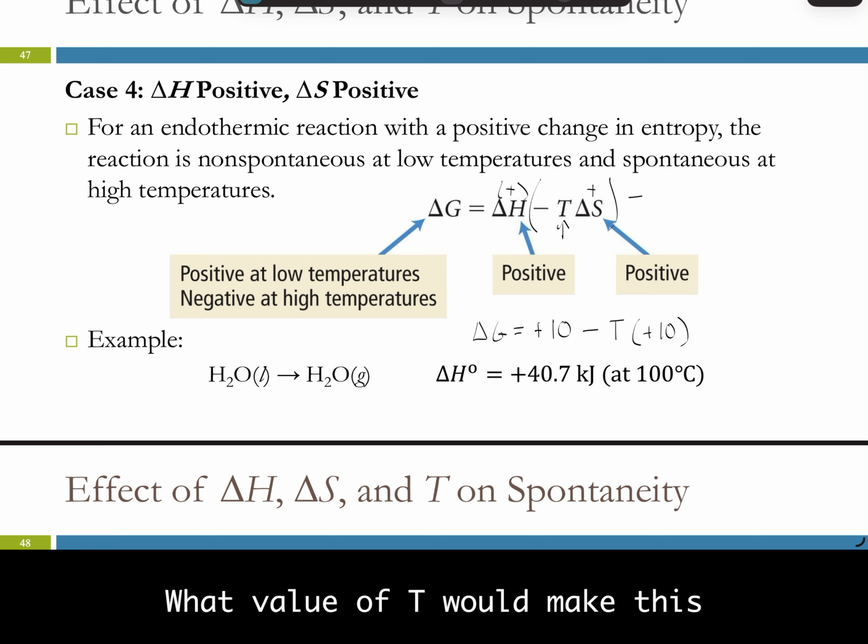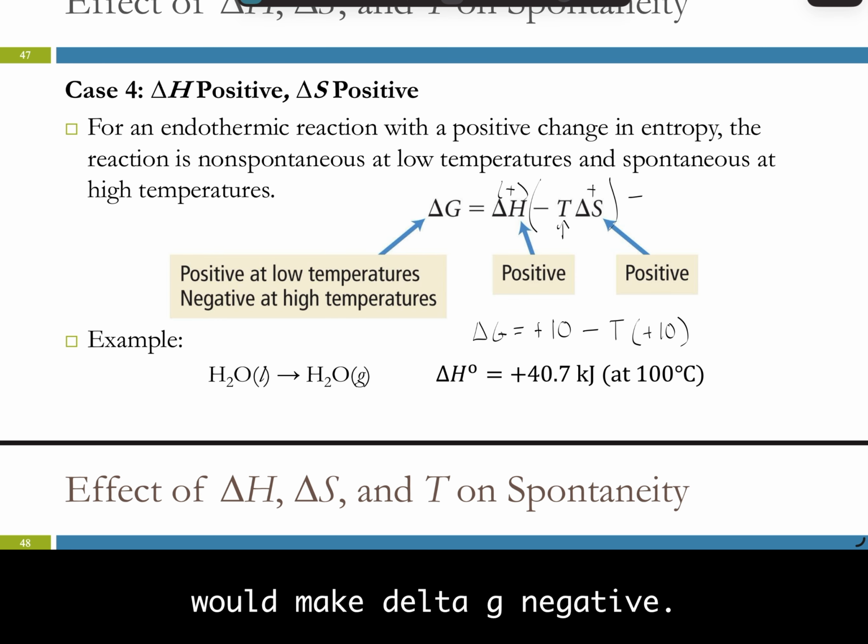What value of T would make delta G negative? Anything larger than 1? So larger values of T. If I use a smaller value of T, then this becomes positive.